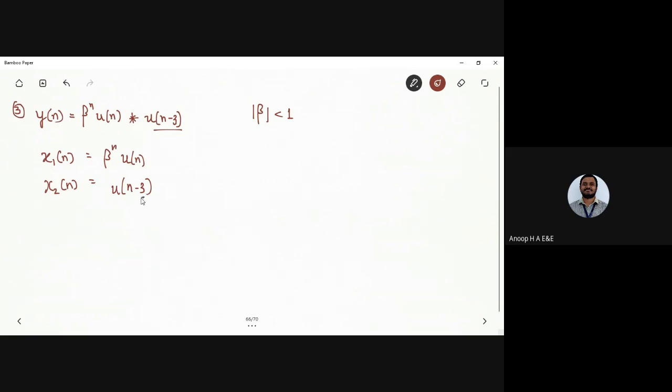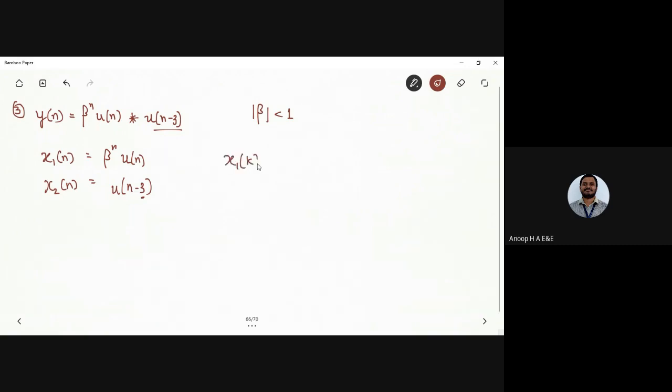You have the term here already time shifted, and you need to make a shift here also. Got it? So now you need the n minus 3 term to be less than 0, or n less than 3. In such a way, you are going to have the output equal to 0.